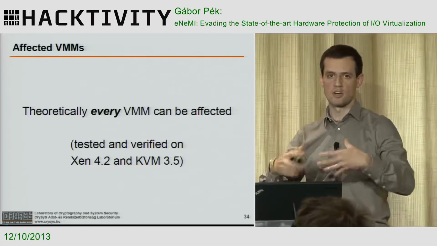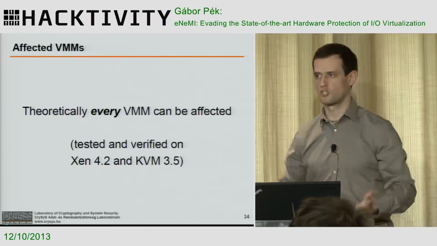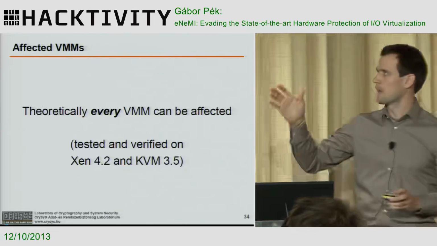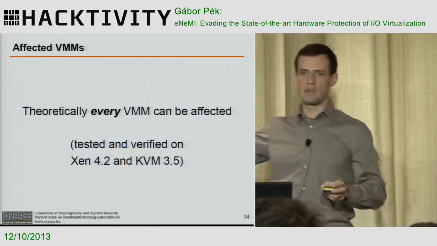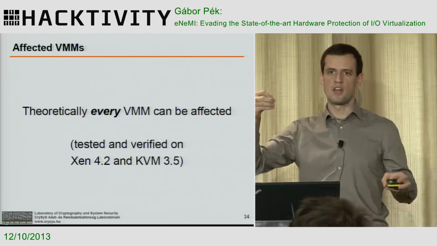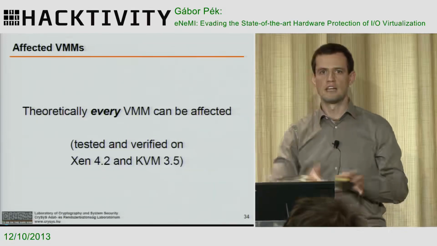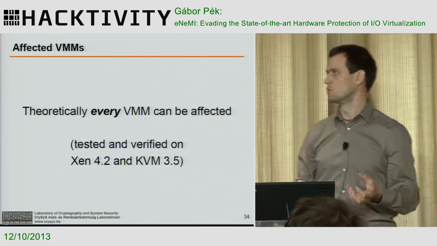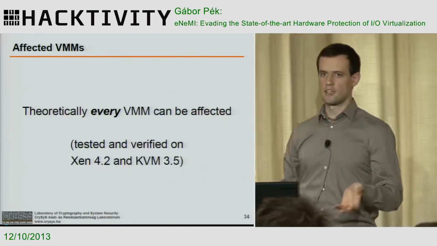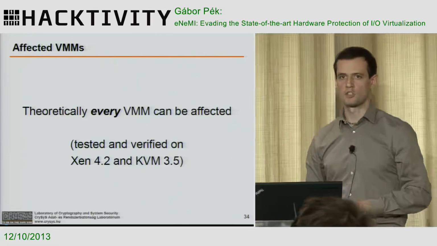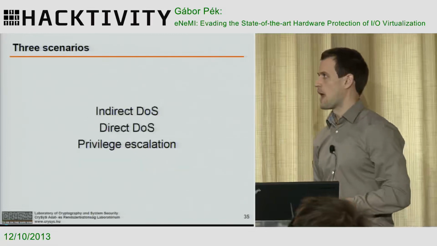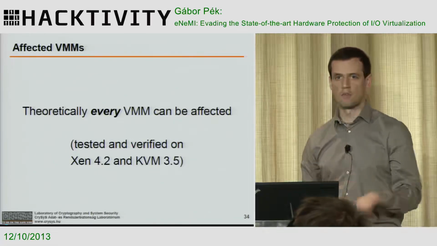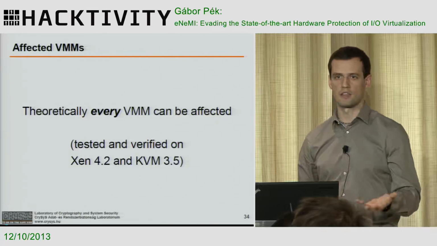I put VMMs because this is more general than a hypervisor. So theoretically, every VMM can be affected because this is not something that belongs to the software. It's more a hardware-level issue. The attack is tested and verified on KVM and Xen, so for sure it works there, but it can happen that other VMMs are also affected.